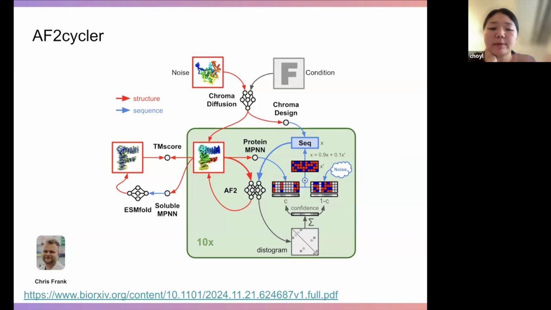By mixing the losses from ProteinMPNN and the initial Chroma design sequence, and upweighting the ProteinMPNN losses for residues that have low confidence, they do this resampling again and again and predict the structure again and again until it converges. They repeat this process by default 10 times and get finer structures, then redesign everything with the soluble MPNN and refold with the ESMFold model, which is not the AlphaFold 2 model. They kept the ESMFold model as a cross-validation model.